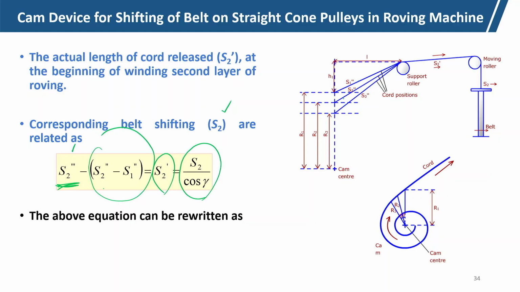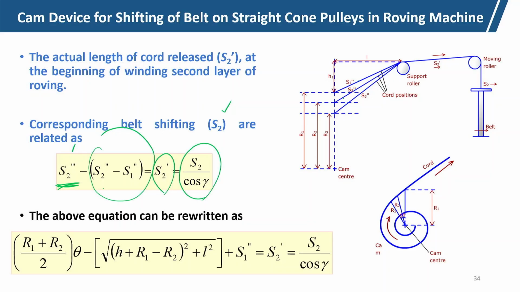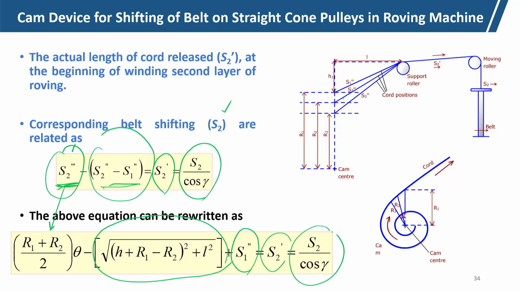The above equation can be rewritten as this. Now, what we have done: this is equal to this, that we have the peripheral distance minus this distance we have already done, that is S2 dash, and that is S2 double dash minus S1 double dash, that is the change, plus S1 double dash, okay, equal to S2 dash, that is equal to S2 by cos gamma.